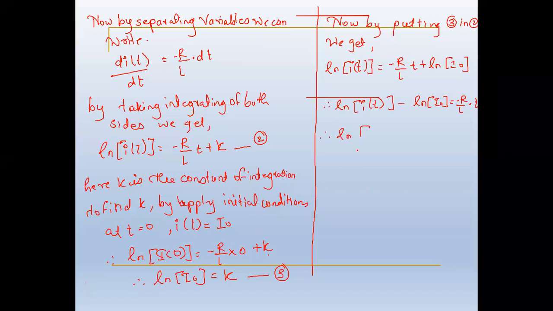Therefore, log of I of t divided by I0 is equal to minus R by L into t.